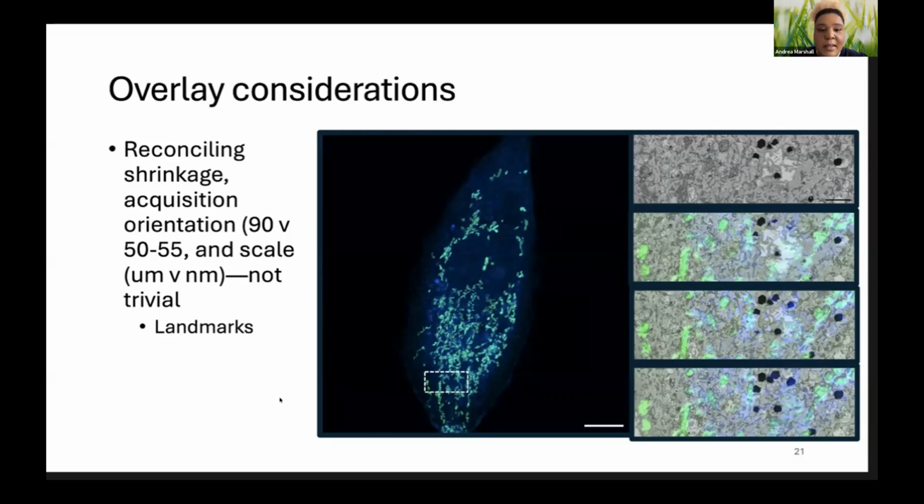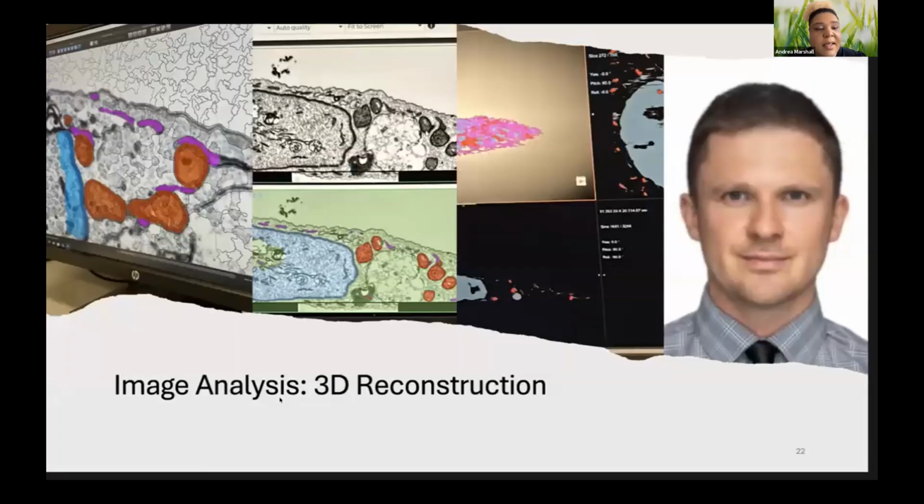And one of the tricks that we used to be able to do this, as well as using different programs, was to visually identify specific landmarks to help us correlate the right areas.